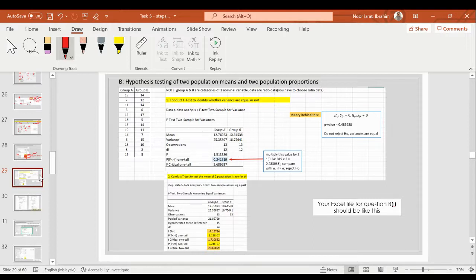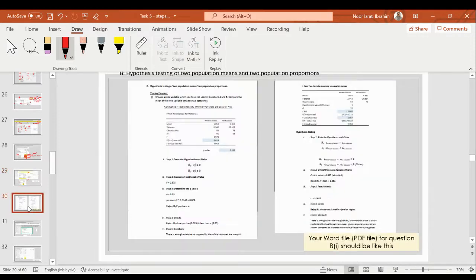Your Excel needs to include this output, and step 1, to test whether the variances are equal or not, and then the output. You have to highlight whether you are using the one tail or two tail. And in your PDF, you have to come up with the 5 steps of hypothesis testing.